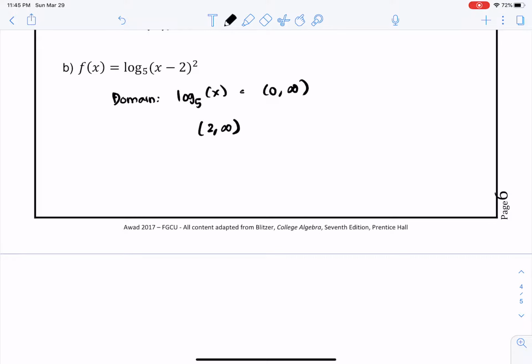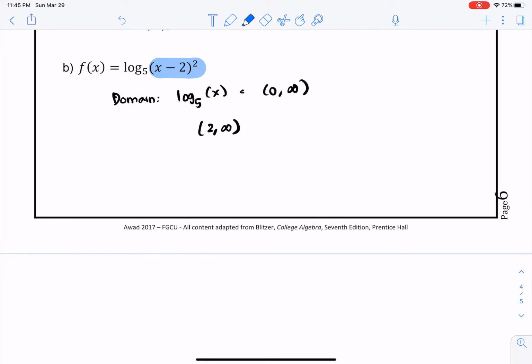Now, could I plug in a number between, say, negative 2 and 2? So I can, because what we have here is x minus 2 squared.